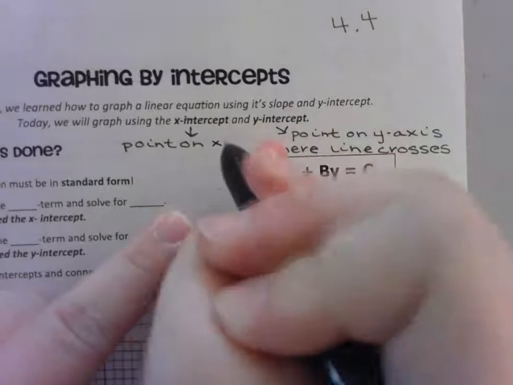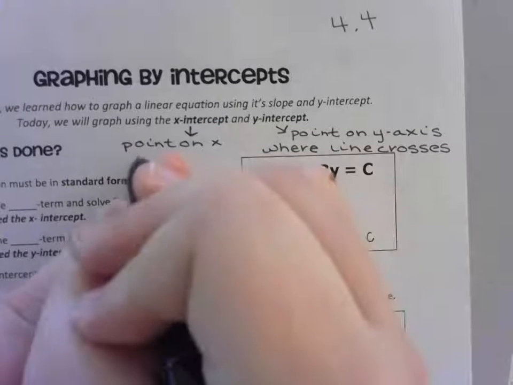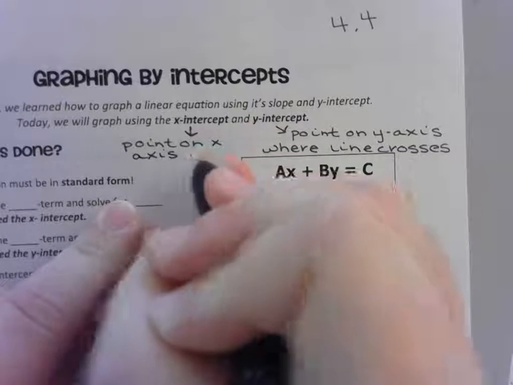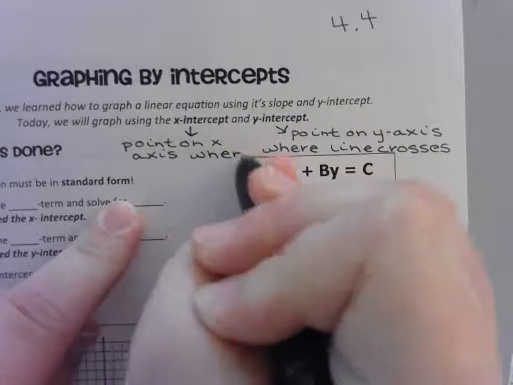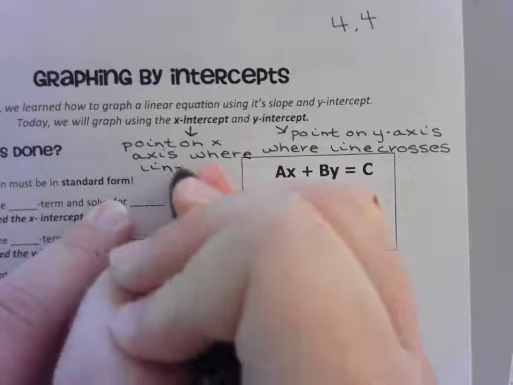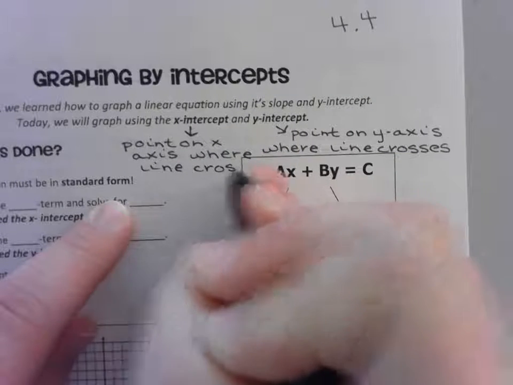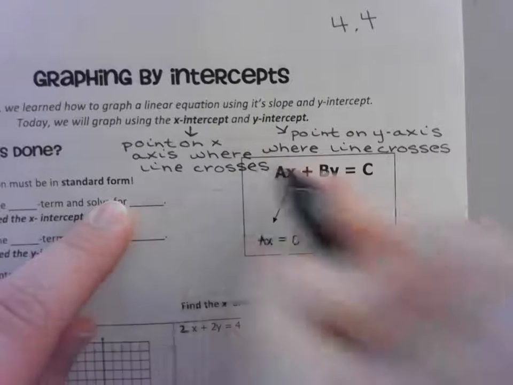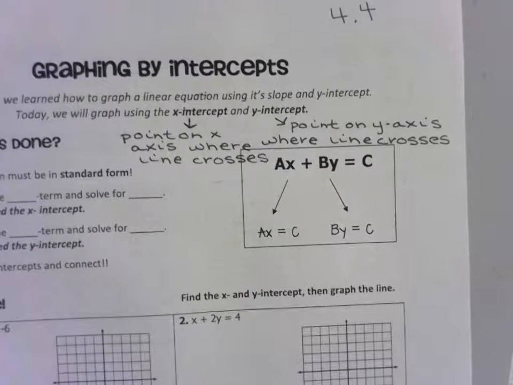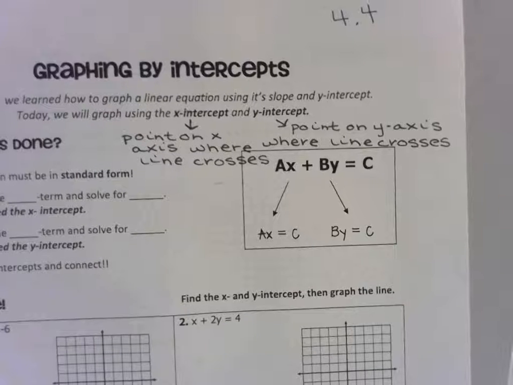The x-intercept is the point on the x-axis where the line crosses. So when I refer to intercepts, it is a point where the line crosses. The x-intercept is the point where the line crosses the x-axis. The y-intercept, like we talked about before, is the point where the line crosses the y-axis.